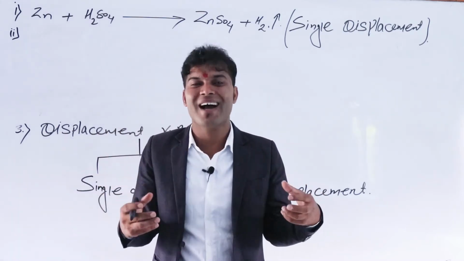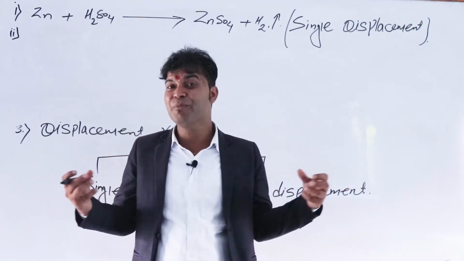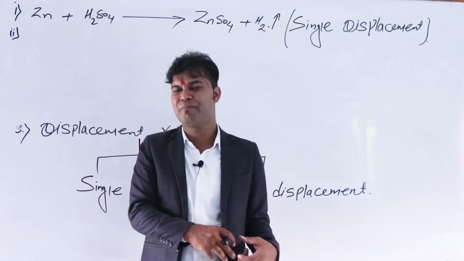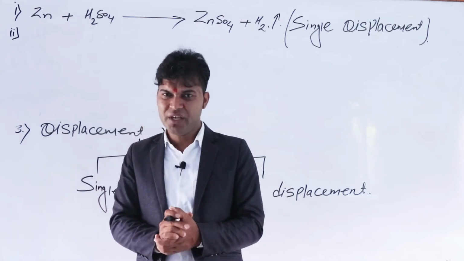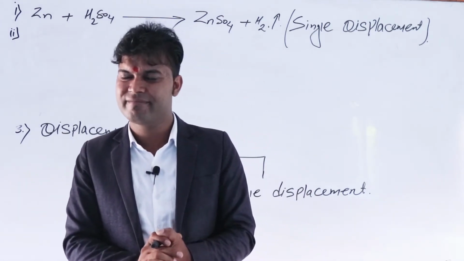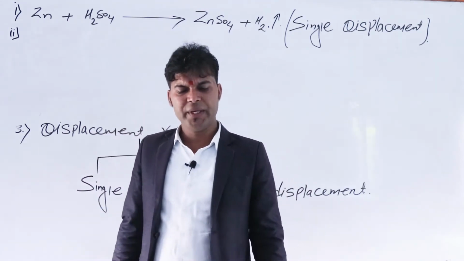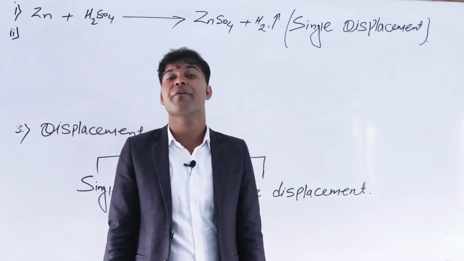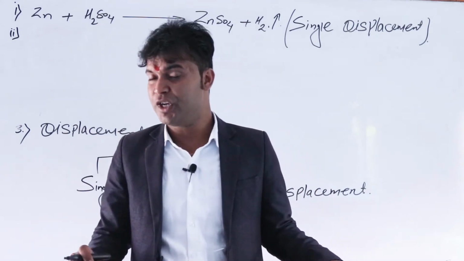Two compounds react mutually to form another two compounds by exchanging, and this type of chemical reaction is called the double displacement reaction. You are clear? Okay.